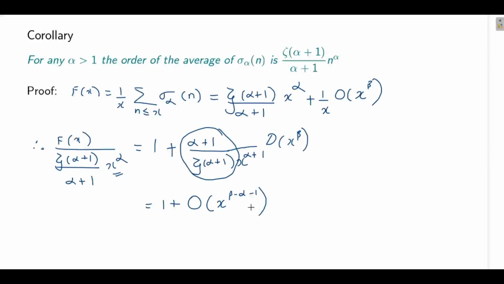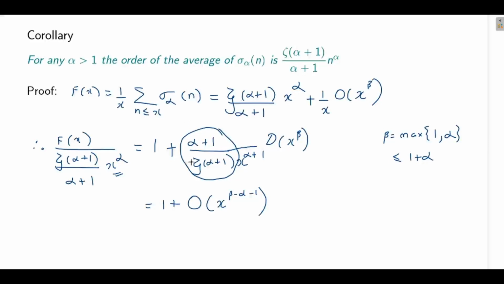Now we know that beta is the maximum of 1 and alpha, so either beta will be 1 or it will be alpha. In any case it will be less than 1 plus alpha, since alpha is a positive number.